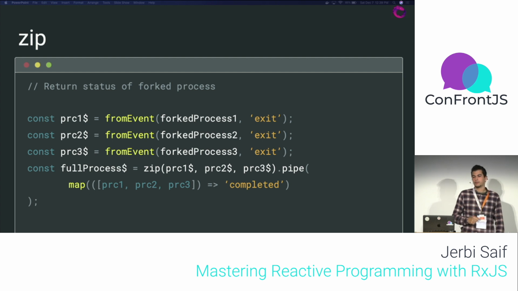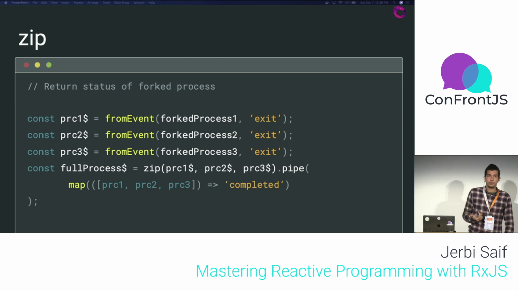Here we have another operator, which can be used as an operator or also as a static function. In the same example, I have 3 forked processes, and for each process, I'm observing the exit event. I want to say that my full process will be considered as completed if all my forked processes have exited.